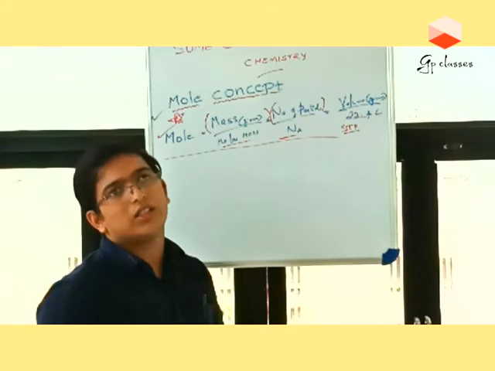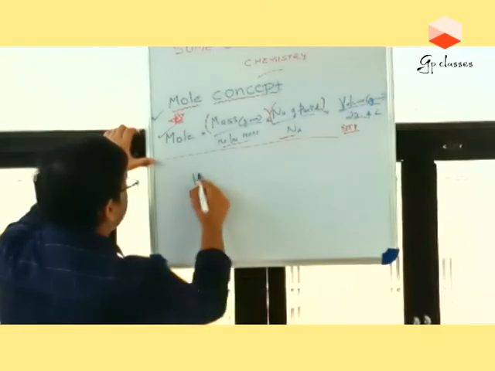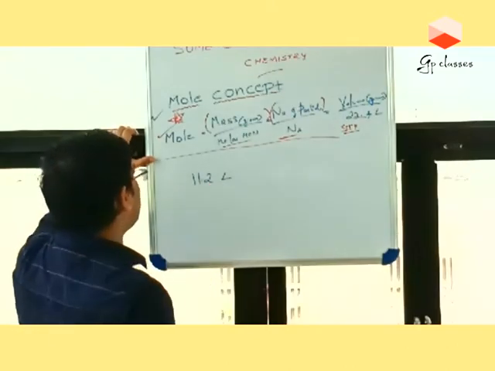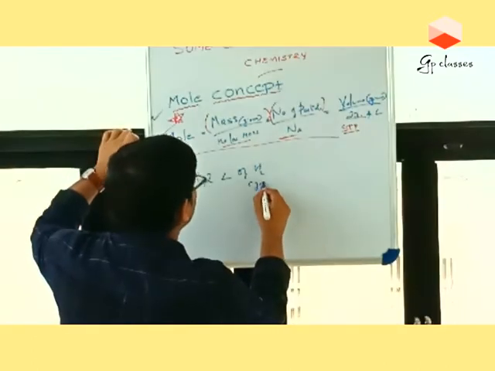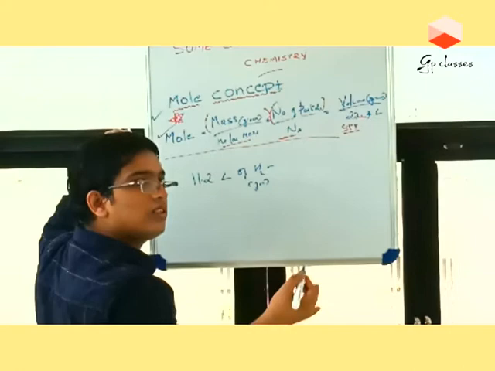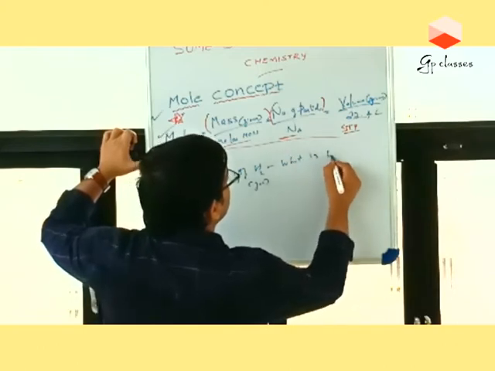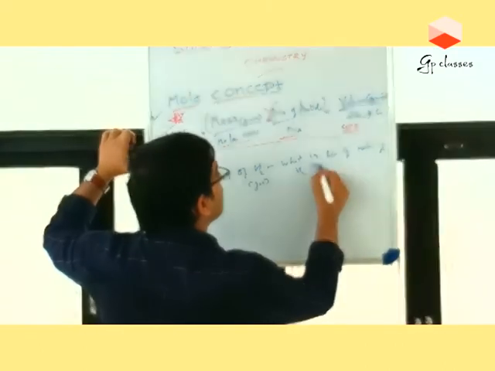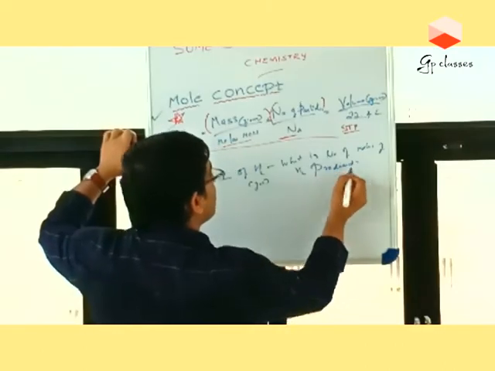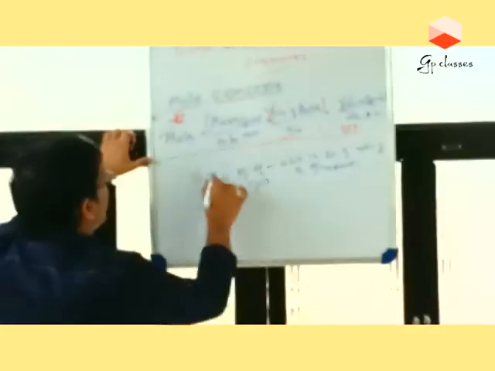The question is, let's say after a particular reaction you are getting on the product side 11.2 liters of hydrogen molecule in the gaseous phase. So what is the number of moles of H2 produced? You can directly use this equation.